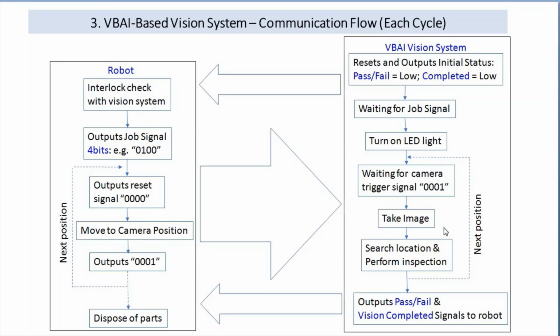Once all the pictures are completed, the vision system will output the pass-fail signal and the vision completed signal, and with this signal from the vision system, the robot will dispose of the parts.